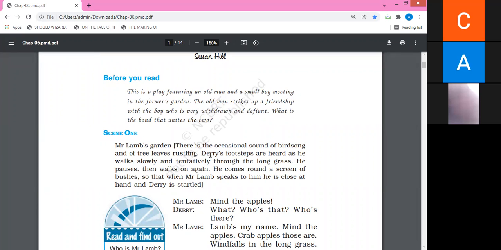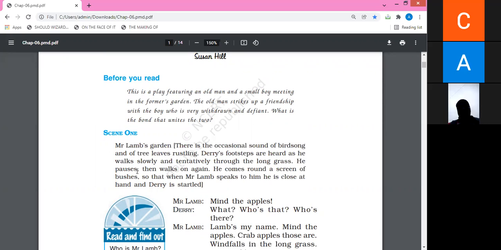So Derry's footsteps were heard as he walked very slowly and carefully. Very clear up to this point, there is no doubt in that. Here it means hesitantly. Through the long grass, he pauses. Very clear up to this point, he was just pausing through the long grass.